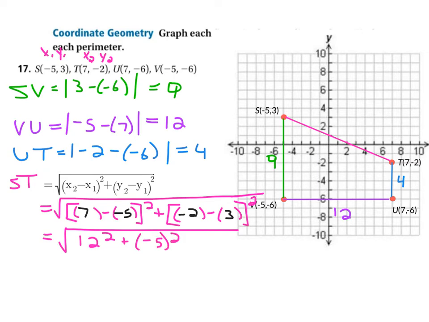The reason that I'm writing it when there's a negative, I write it in parentheses like this, is because if you had something like this, negative 5 squared, that would say, do the 5 squared first, then make it negative, and that would be equal to negative 25. Versus if you had this, which says the base that you're multiplying together multiple times is negative 5, so that's like negative 5 times negative 5, which is 25.